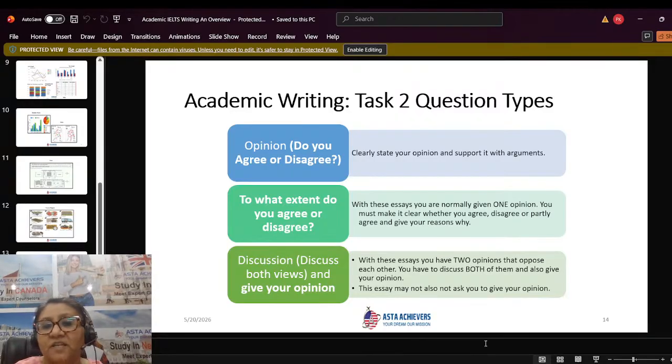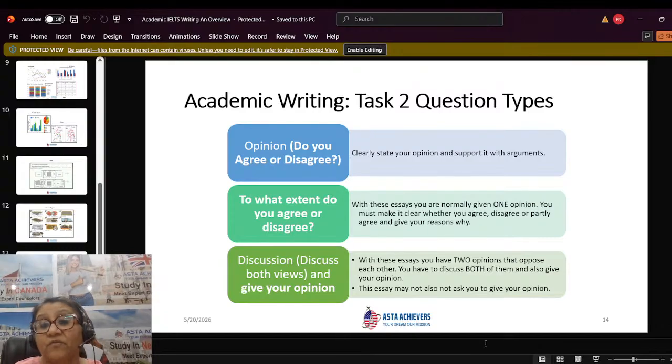The first essay that you can get is an agree disagree essay. As the name suggests, your opinion needs to be stated in support with your arguments. The second essay type which you can experience in your IELTS exam is a to what extent essay, which is again an opinion essay, however it is clearly asking you to give the extent or the degree of your agreement or disagreement.